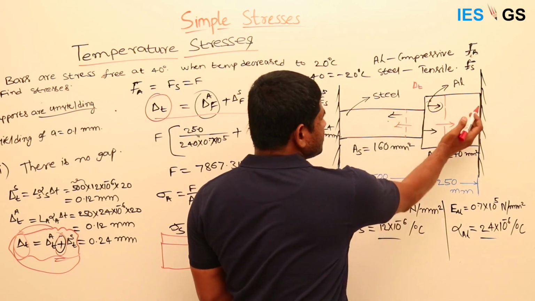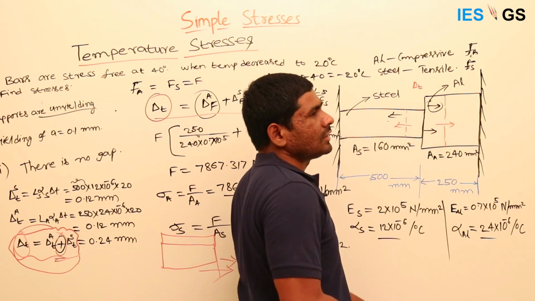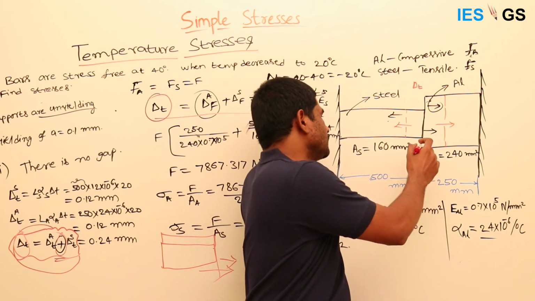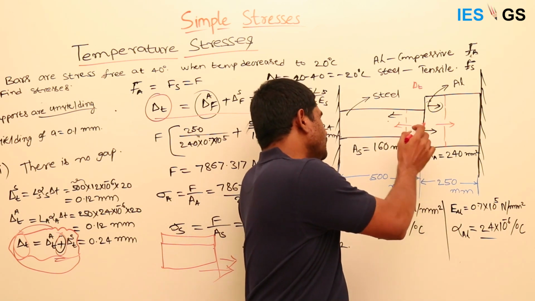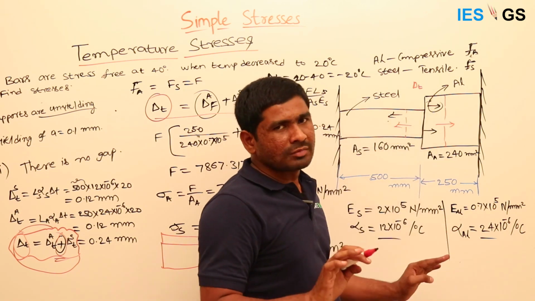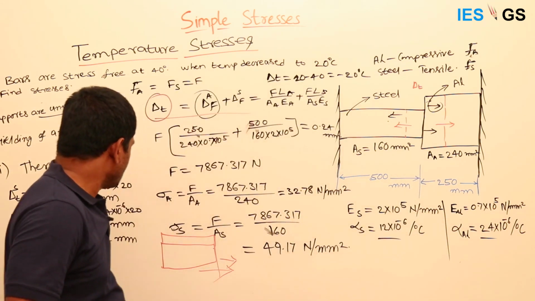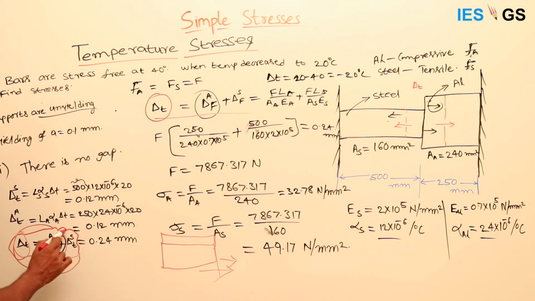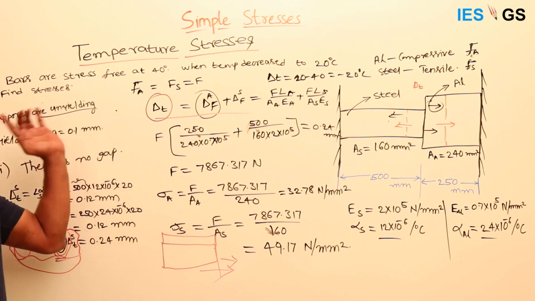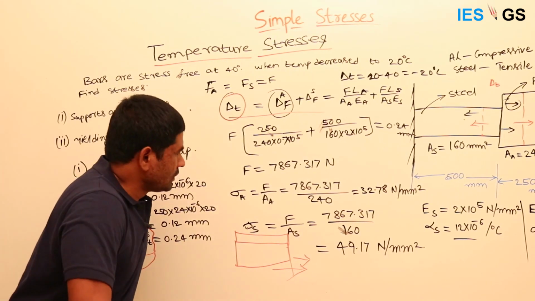These are in different directions. If both were going in the same direction, then we would have subtracted. So remember this logic, don't get confused, and the remaining thing is as usual, whatever we derived in the previous lecture.